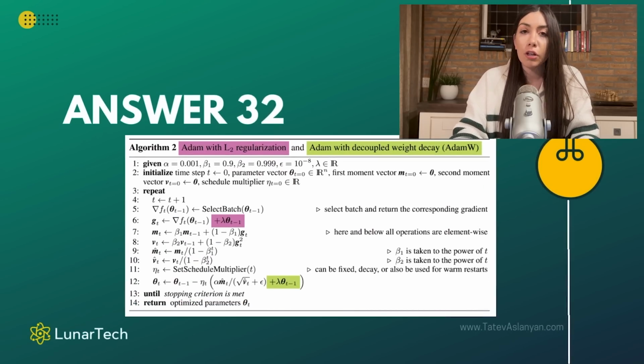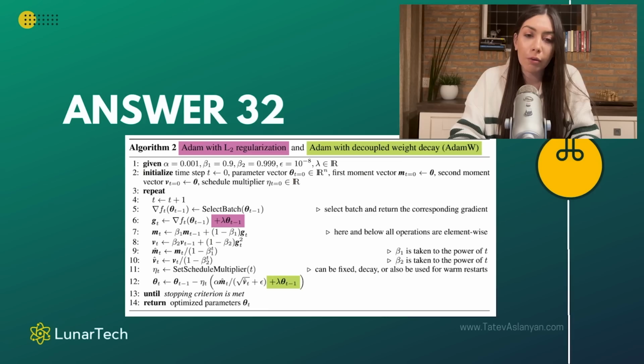The traditional Adam has one specific disadvantage, which usually comes up when dealing with deep neural networks. Unlike traditional SGD with momentum, Adam is unable to properly generalize the model.